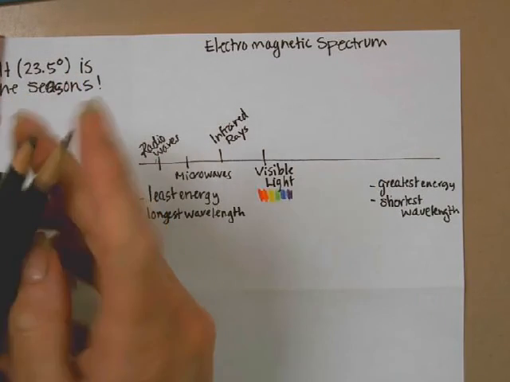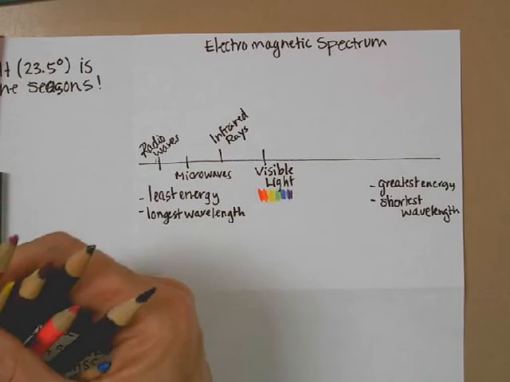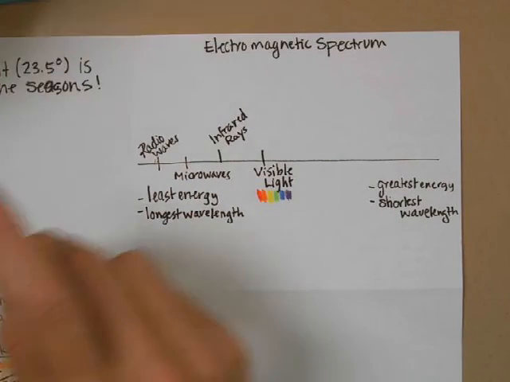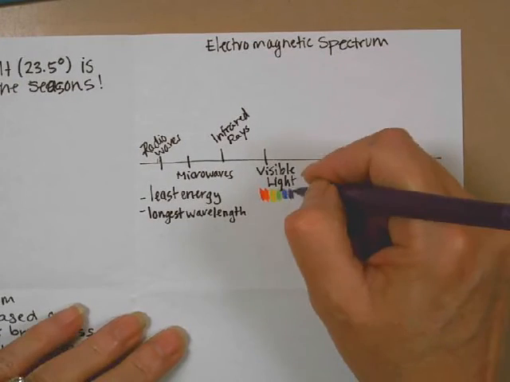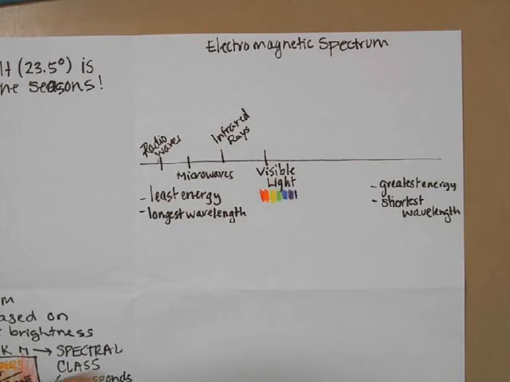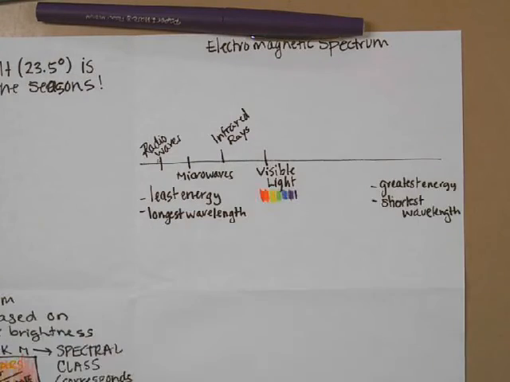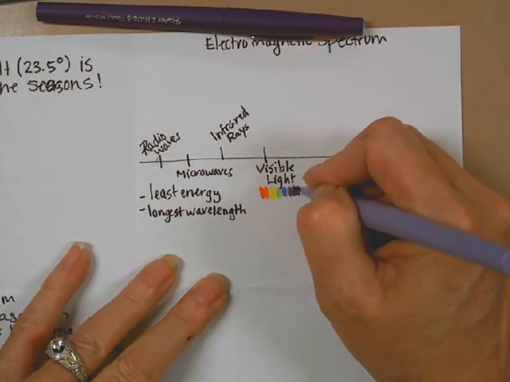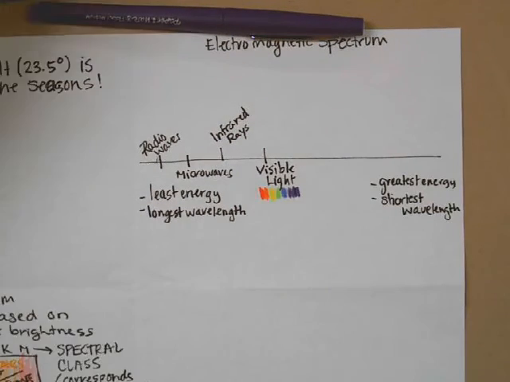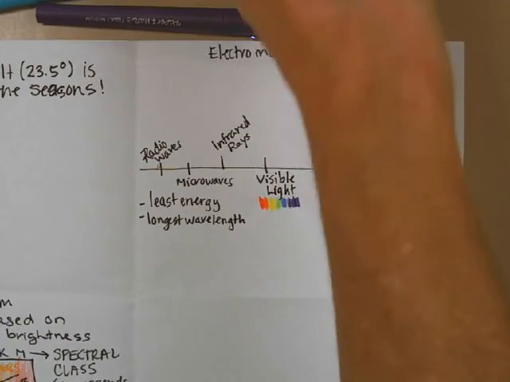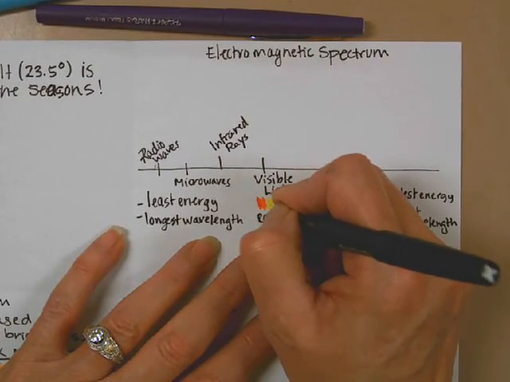And violet. That's too close to indigo. Let's make this violet. Oh, that's too close too. Well, there you go. I can't come up with a violet, but y'all know what it is, right? Roy G. Biv. So that's how we remember the colors.